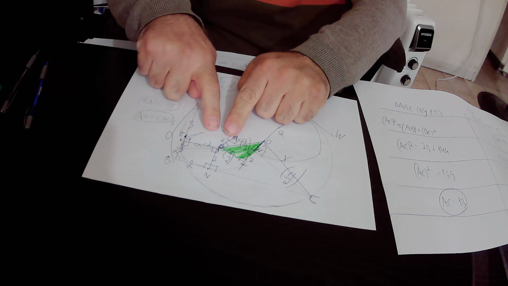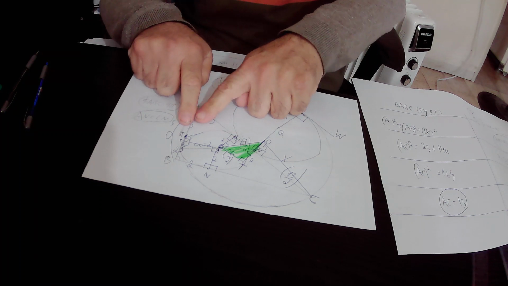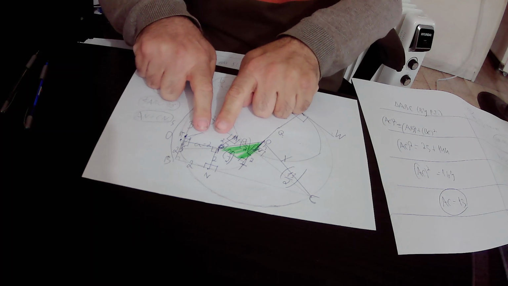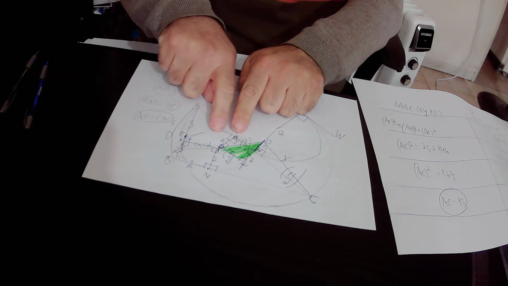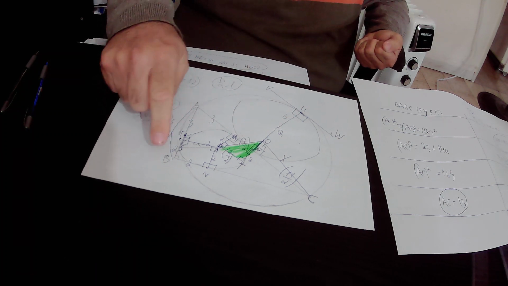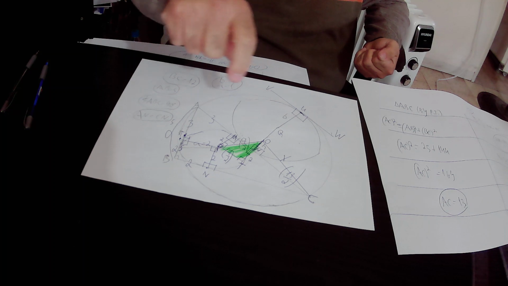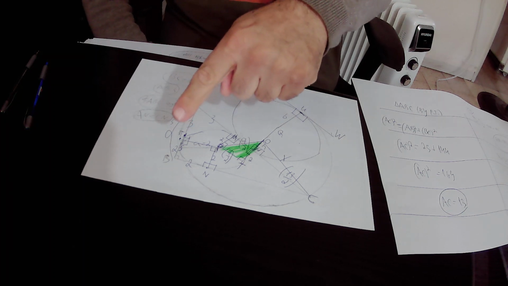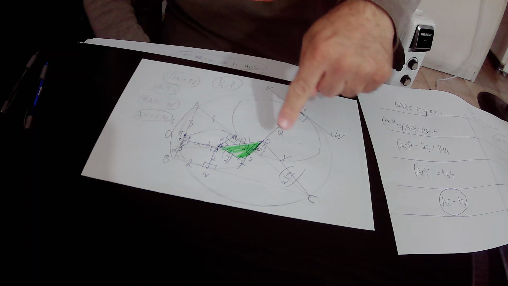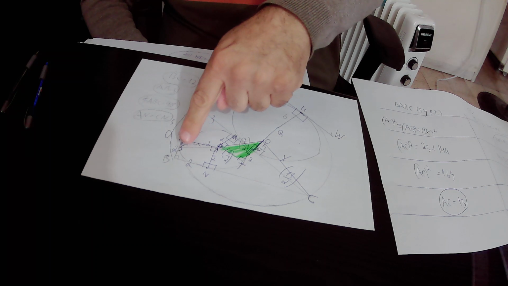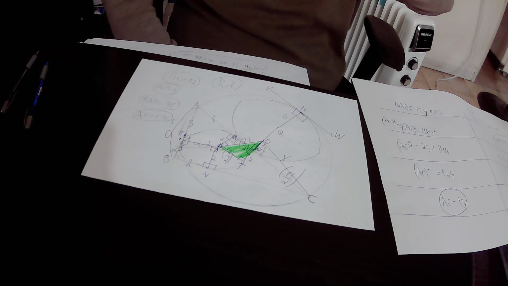P is the center of the circle, T is a point on the circle itself. Therefore, PT is the radius of the circle, that is equal to A, and A is 2. The radius PT is drawn to point T, that is the point of tangency of tangent AB. If the circle has a radius drawn to the point of tangency, then tangent AB will be perpendicular to the radius TP. If AB is perpendicular to TP, it means that this angle equals 90 degrees, according to rule number 1.